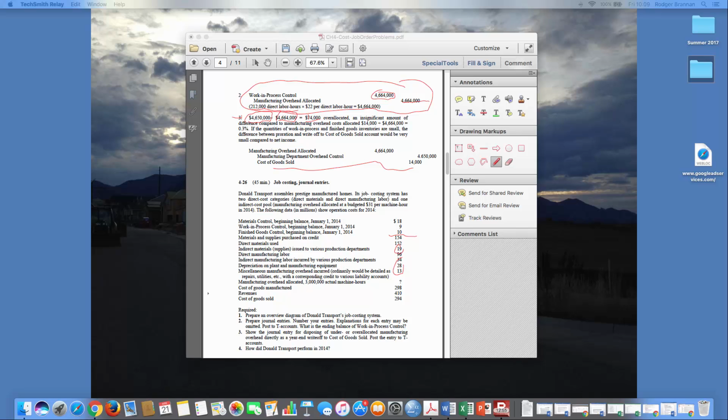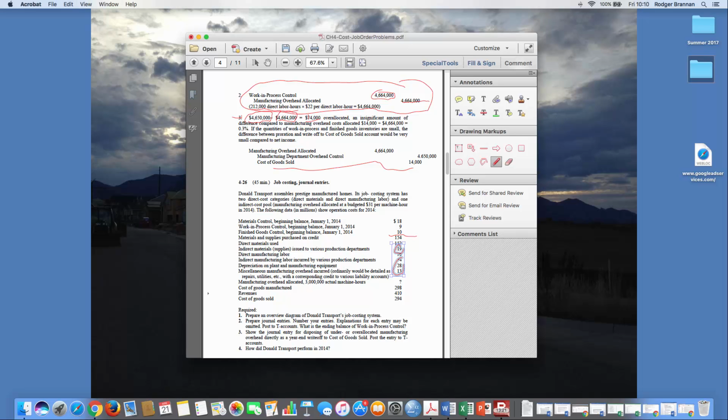They consumed or used materials, which were taken out and placed into production. Likewise, the ones that I've circled here are the actual indirect costs: 19 for materials, 34 for labor, 28 for depreciation, and 13 for other miscellaneous overhead cost.